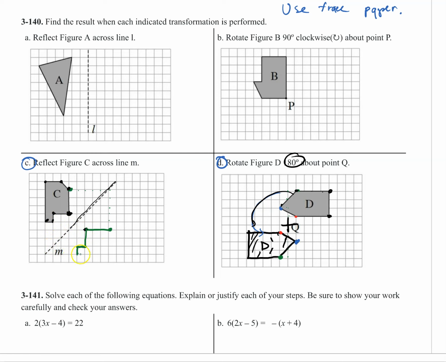Just trying my best to get this. Mirror image is what I'm going for. And I think I went too far. There we go. So this is what it's going to look like when you reflect it across line M. Mirror image.